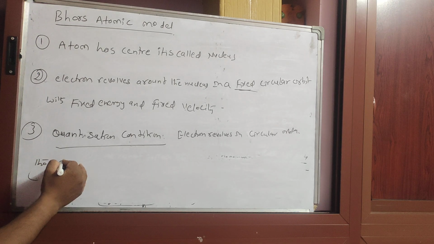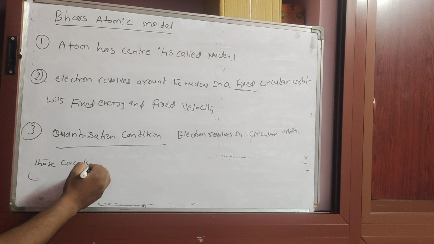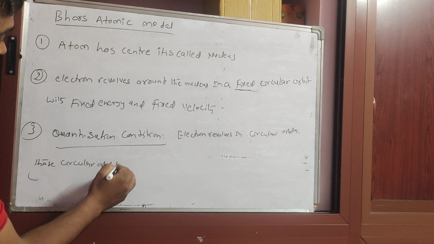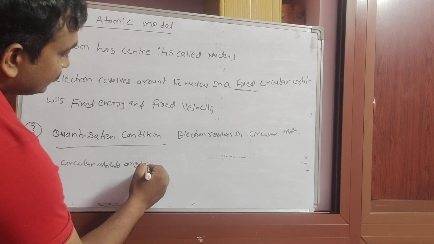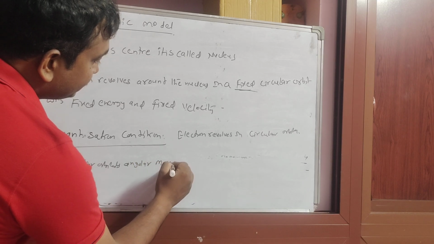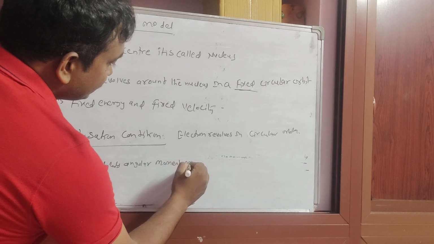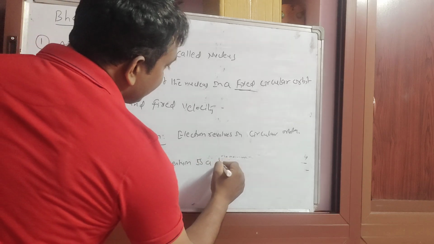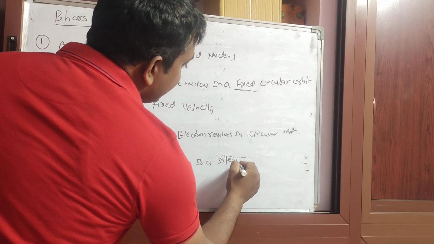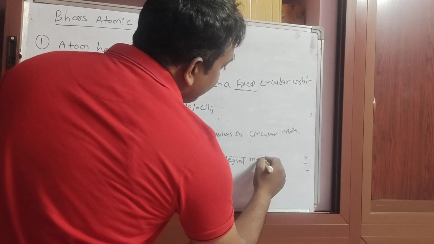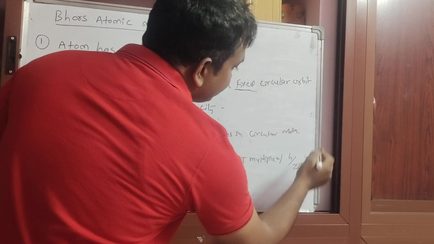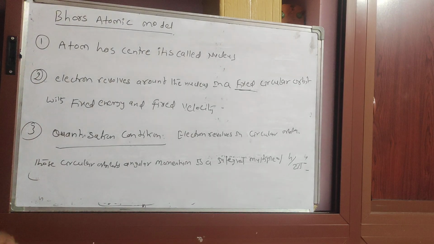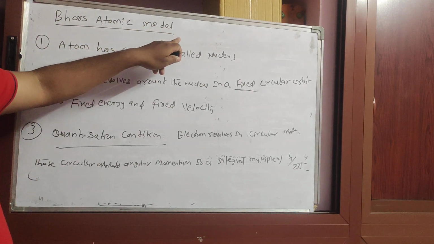For those circular orbits, the angular momentum is an integral multiple of h by 2 pi. First, you remember these three conditions in Bohr's atomic model.